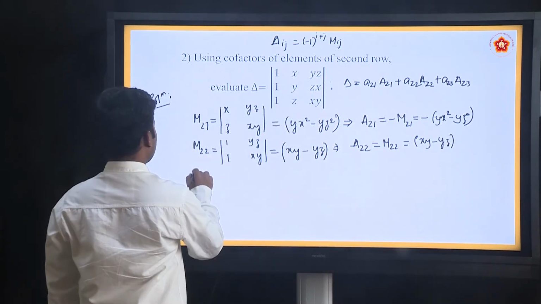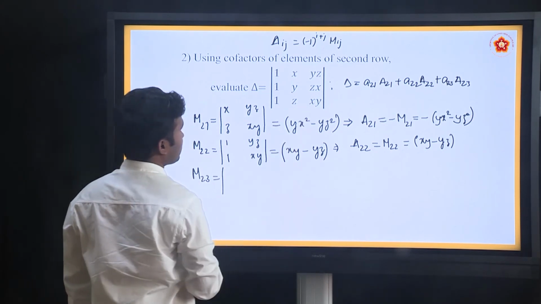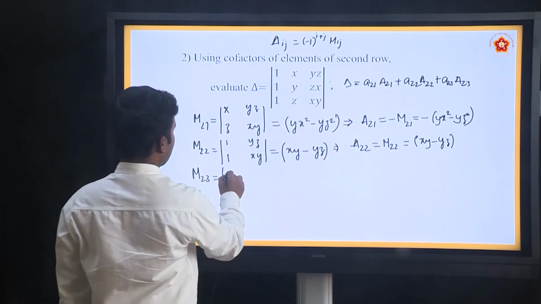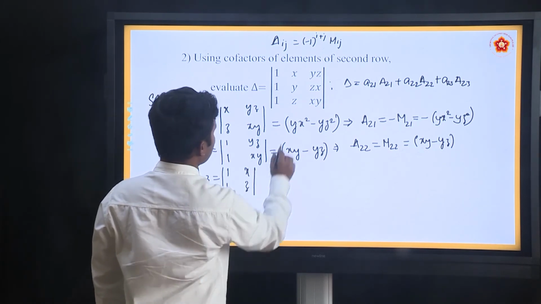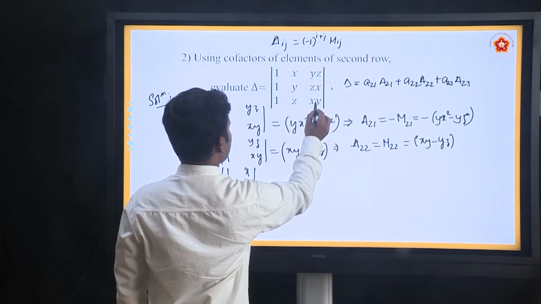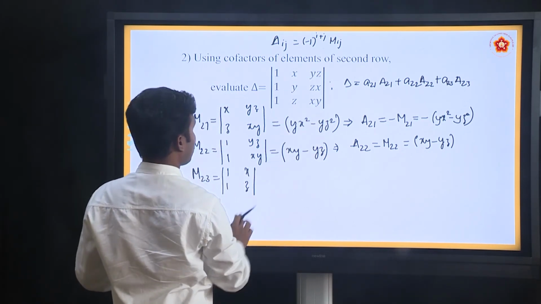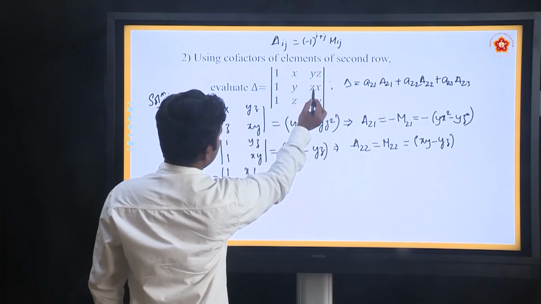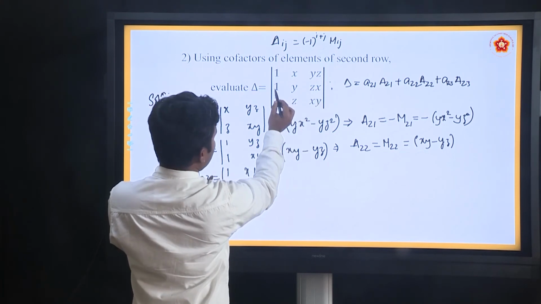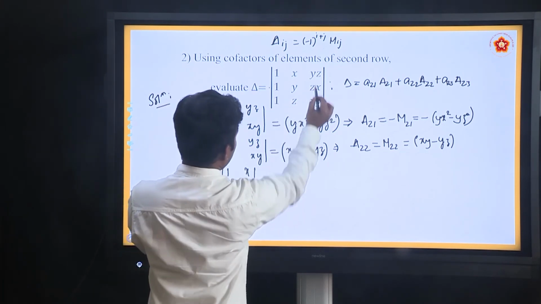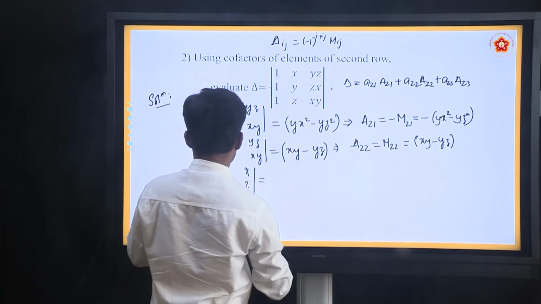Next, what is M23? You just delete the second row and third column, and you take 1 x and 1 z.